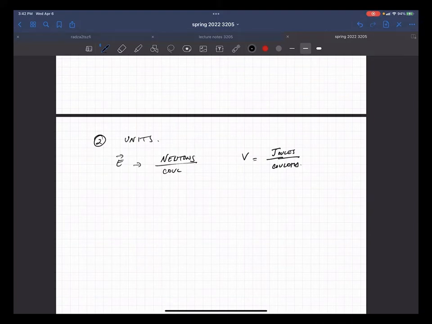We could have left it at that, but basically this joules per coulomb is called a volt.